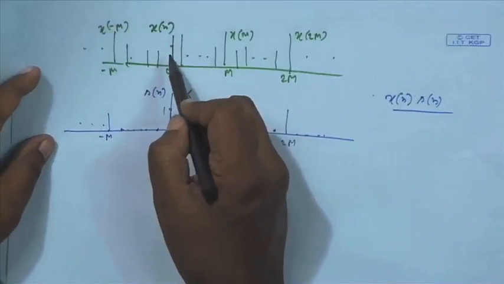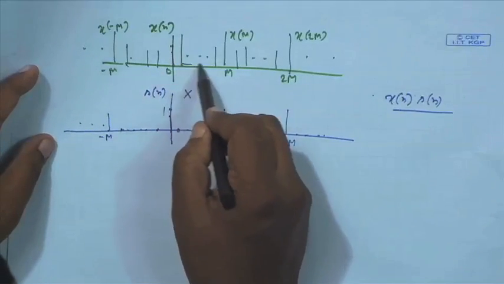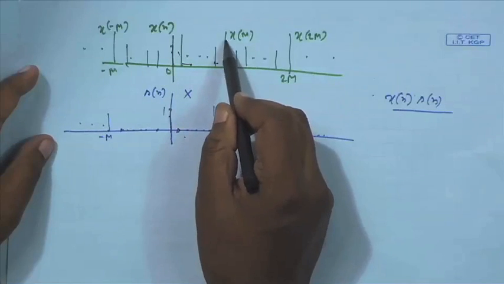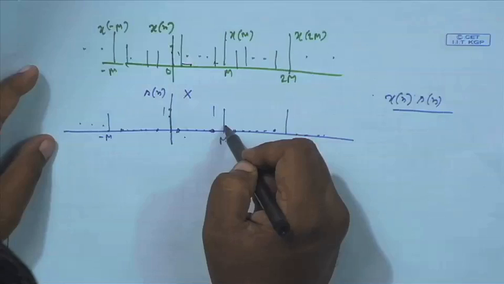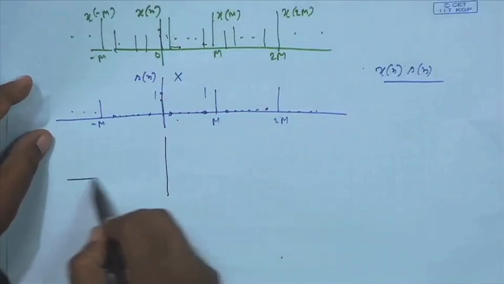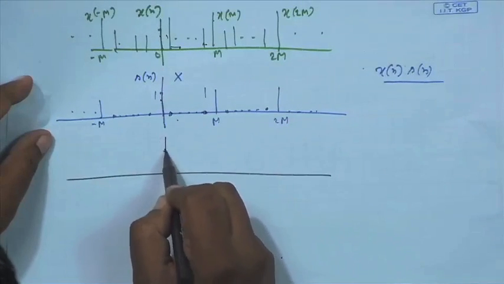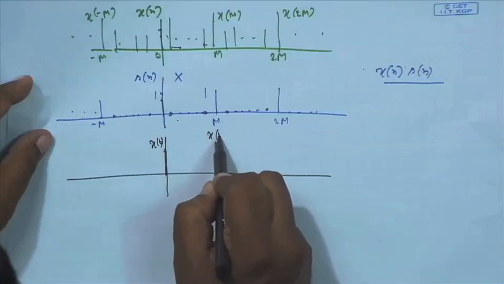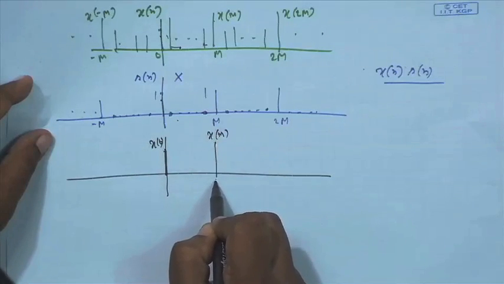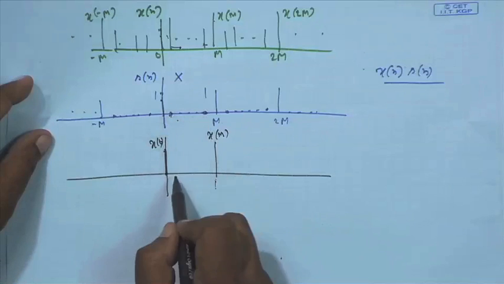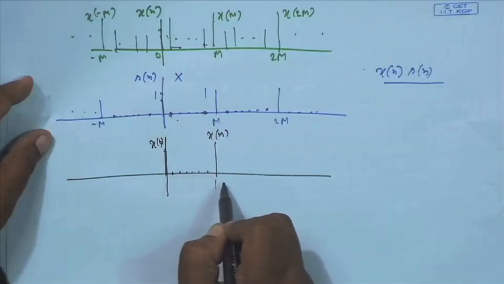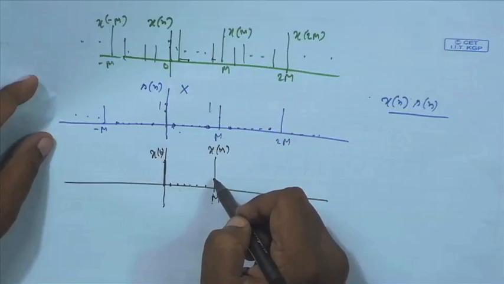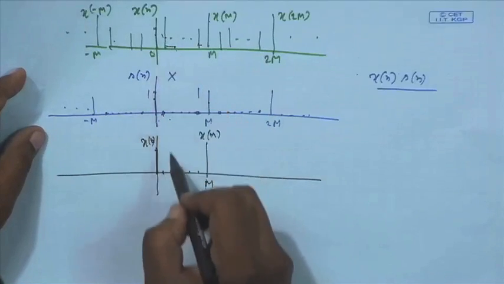I will get x 0 into 1, and then these will give rise to zeros, this into 0 is 0, then x m into 1, so like that. So, this will be like the decimated sequence x 0, but in the decimated sequence x m was called the first sample, index 1, but now these zeros I have brought back. So, it will be mth again, x m into 1. So, the mth sample will be xm. This into 0 is 0, this into 0 is 0.